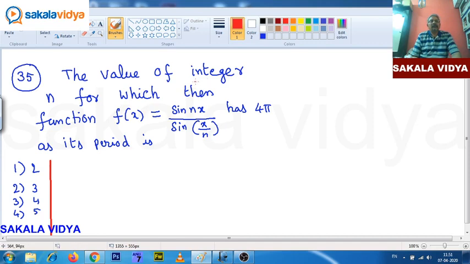The value of integer n we need to find out, for which the period of this one is 4 pi. First let us find out the period.